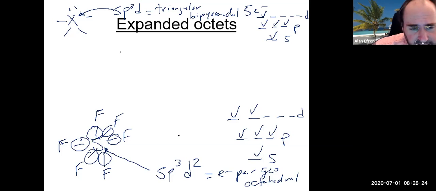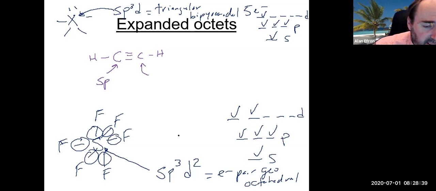For example, if we had this, and we applied the hybridization to this guy, one electron pair, a triple bond only counts as one. So this is sp hybridization, and the same thing here, this is sp hybridization. When s and p come together for each of those carbons, we'll call them carbon 1 and carbon 2.